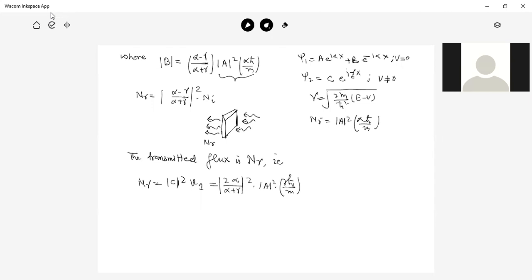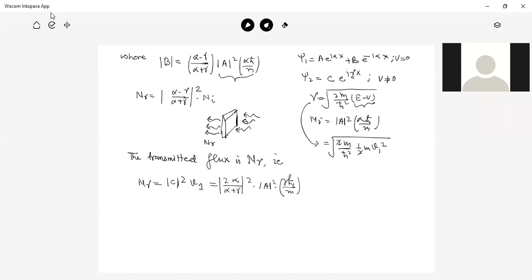How is this gamma here? This gamma is the square root of 2m upon h cross square, and this is E minus V. So this E minus V is again kinetic energy with velocity V1.